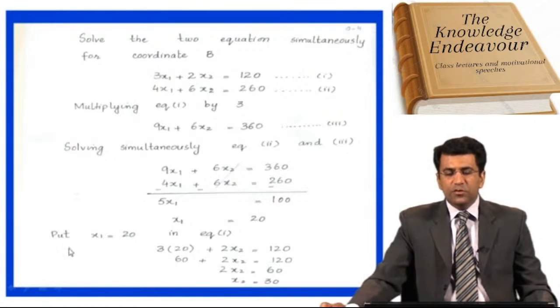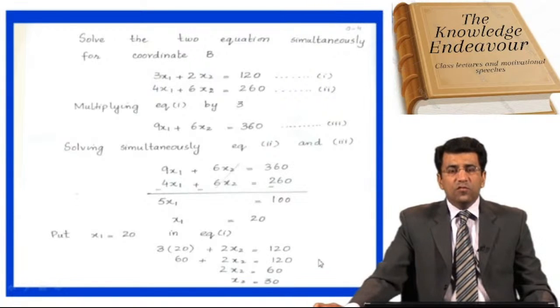If we put x1 is equal to 20 in equation number 1, that is 3 multiplied by 20, plus 2x2 is equal to 120, so 60 plus 2x2 is equal to 120, 2x2 is equal to 60, so x2 is equal to 30.